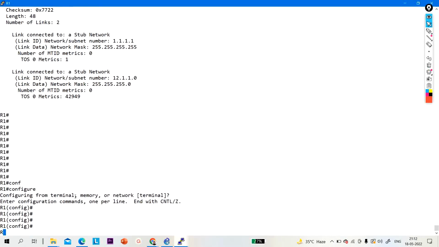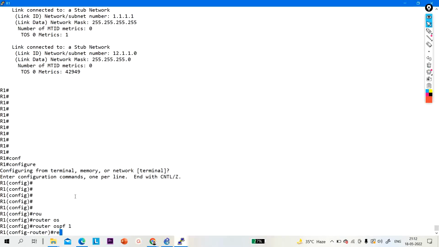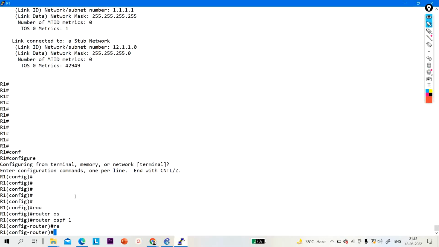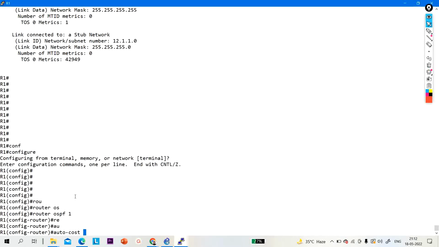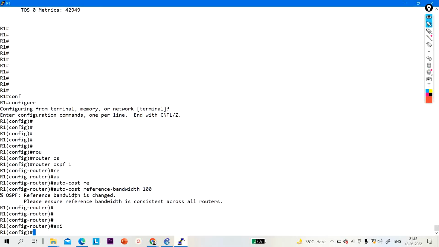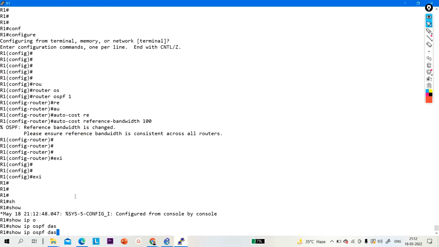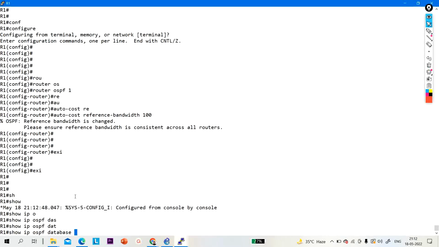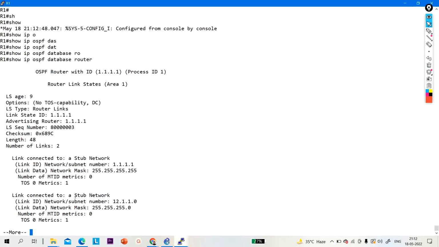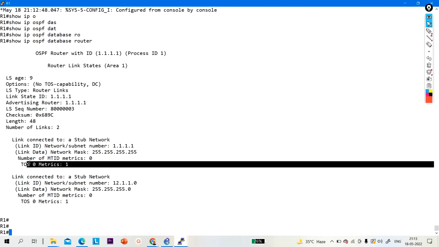Go to OSPF, run router ospf 1, and set the reference bandwidth: auto-cost reference-bandwidth 100. So show ip ospf database router. Now is it fine? Yes. So for loopback it's not working only, right?